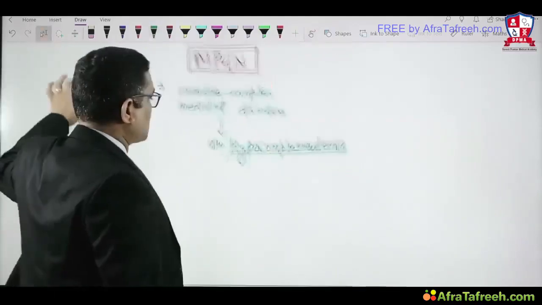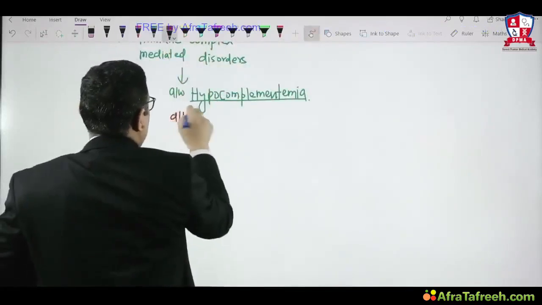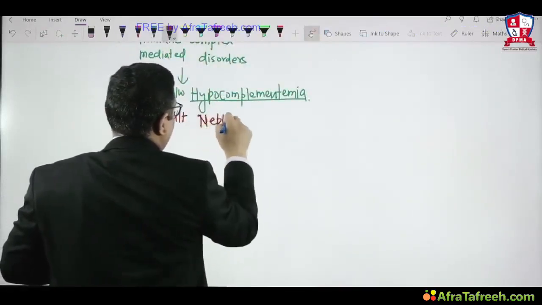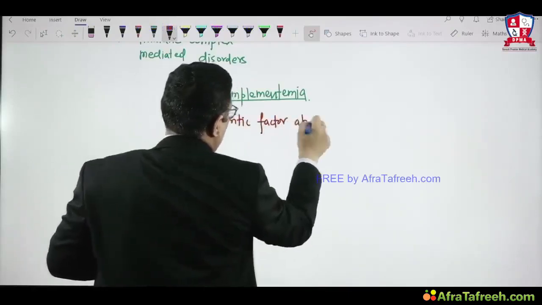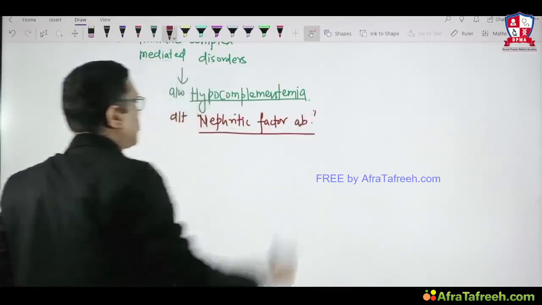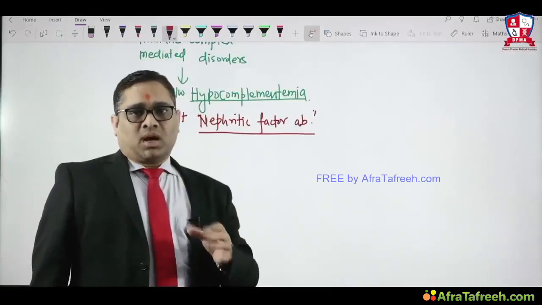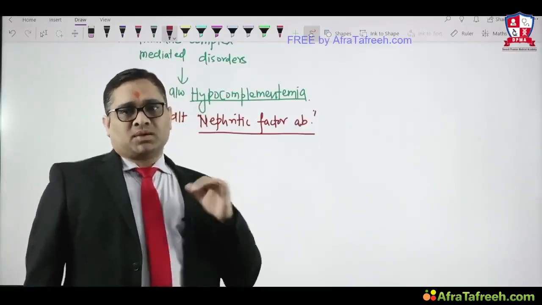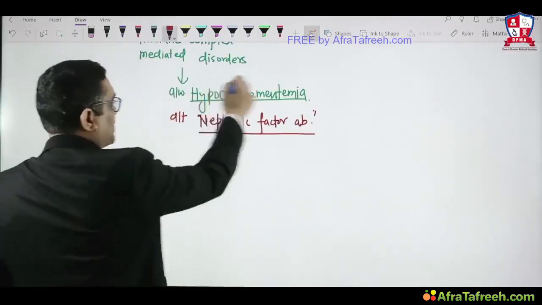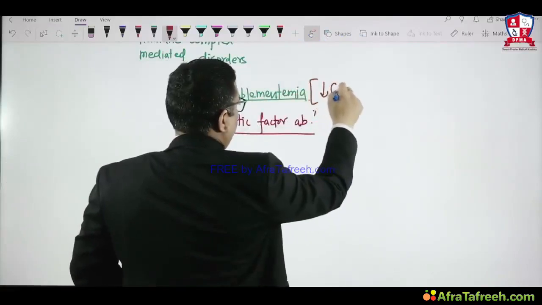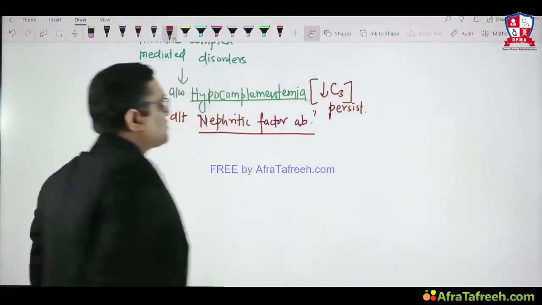These nephritic factor antibodies usually function to stabilize C3 convertase and activate the complement pathway. So when this complement pathway is persistently activated, they will have persistent hypocomplementemia. That is the important thing which I wanted to tell you.